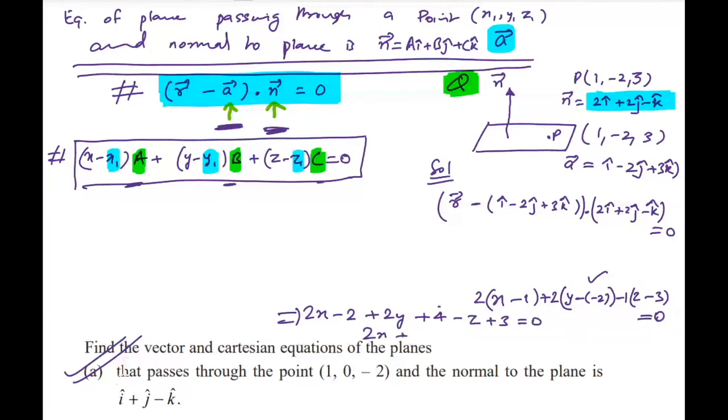Now 2x plus 2y minus z is equal to, the constant will go there, 2 minus 4 minus 3, which is 2x plus 2y minus z equals minus 5. So guys, this is the answer.